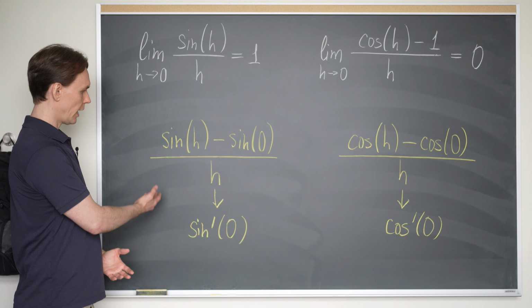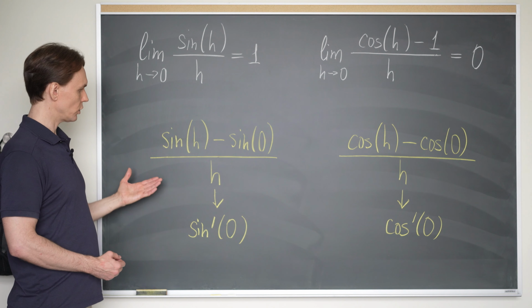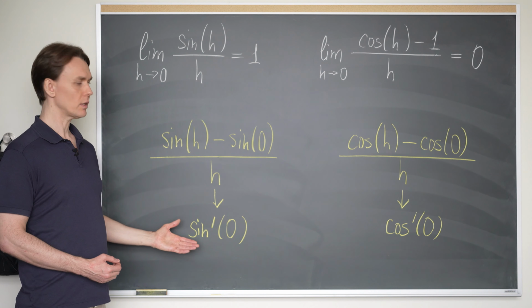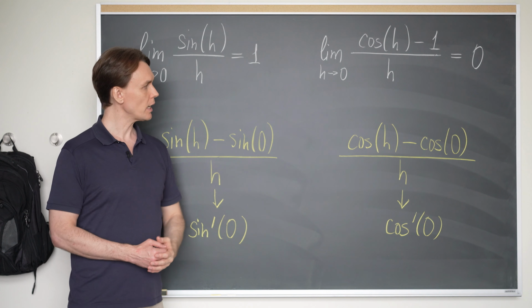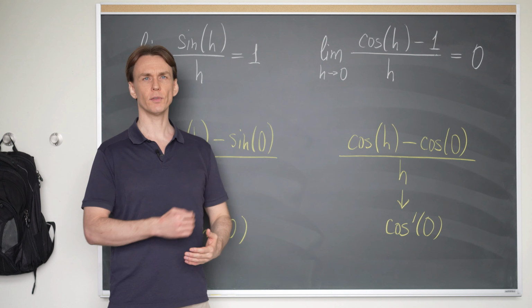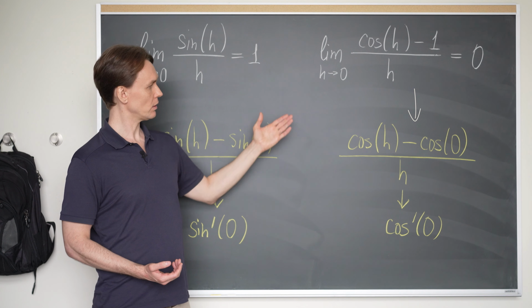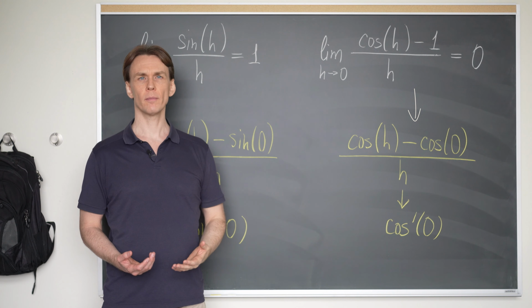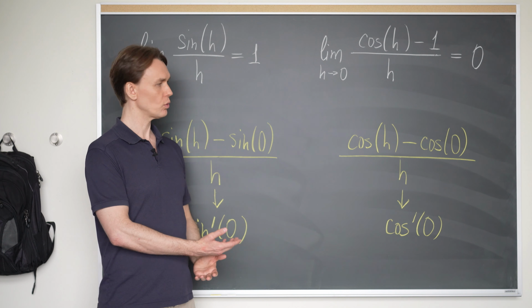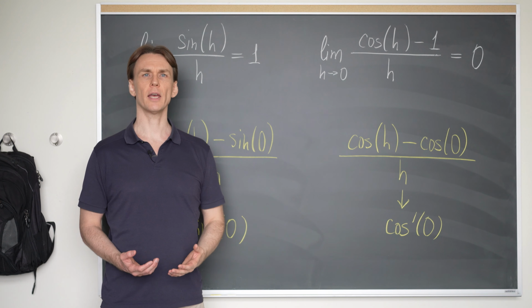And when we let h go to 0, of course, we recognize that this is just the definition of the derivative of sine at 0. And in the second case, if we use that cosine of 0 is equal to 1, then we can rewrite this as cosine of h minus cosine of 0 divided by h. And again, when we let h go to 0, this is just the definition of the derivative of cosine at 0.